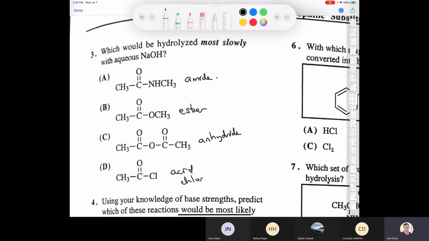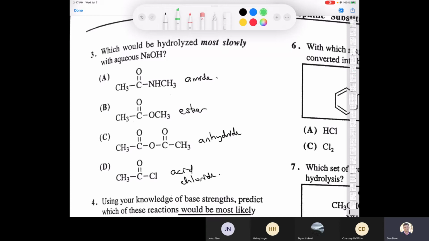It just asks you which one of these would react the slowest with aqueous sodium hydroxide. So which one of these would be the least susceptible to nucleophilic attack? And we talked about this in detail. We talked about the order of reactivity.